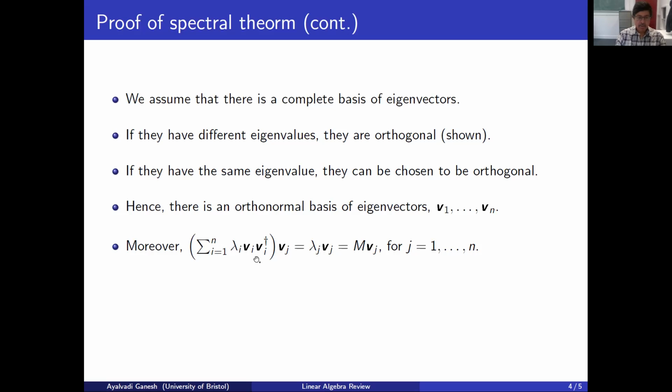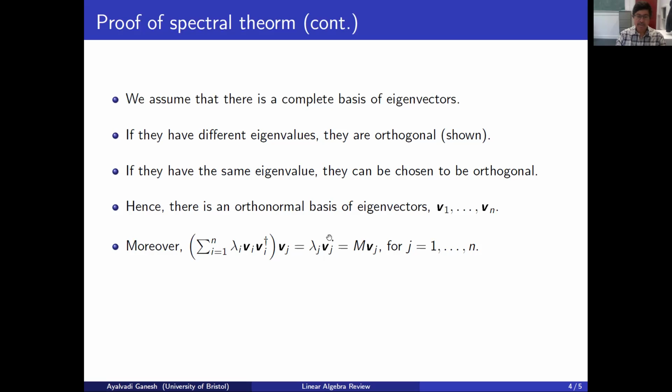But these are orthonormal vectors, so v_i dagger v_j is 0 if i is not equal to j, and it's 1 if i equals j. That's what it means to be orthonormal. So all these terms are 0 except when i equals j, and then you get 1, so all we are left with is lambda_j v_j. But if I use the matrix M and calculate M v_j, v_j was an eigenvector of M with eigenvalue lambda_j.